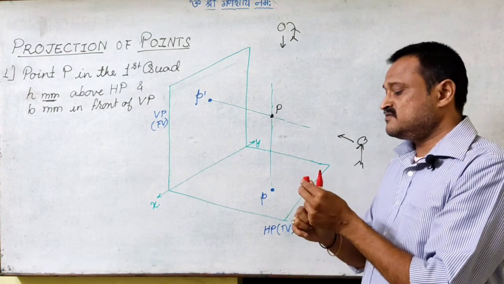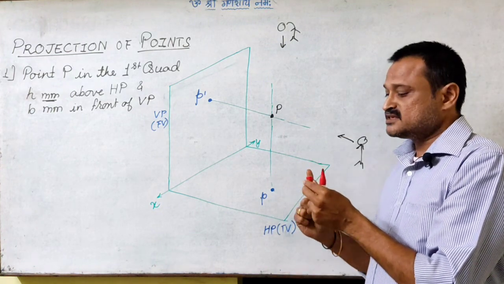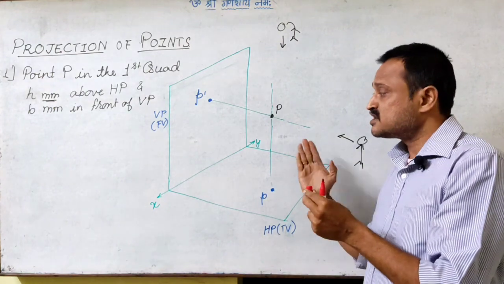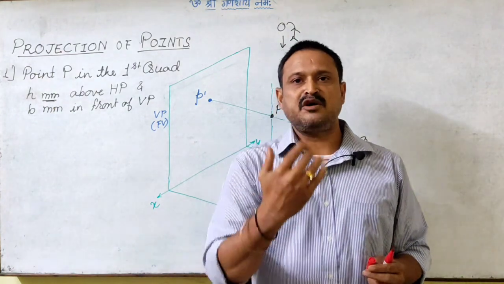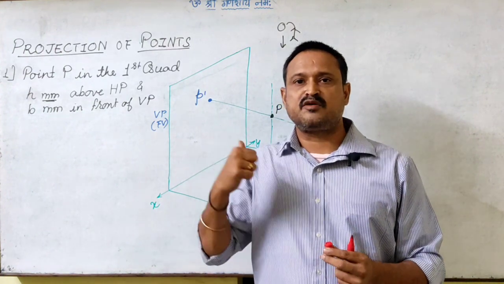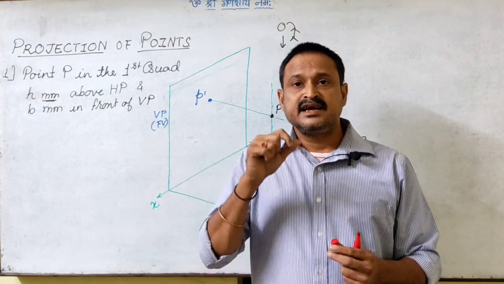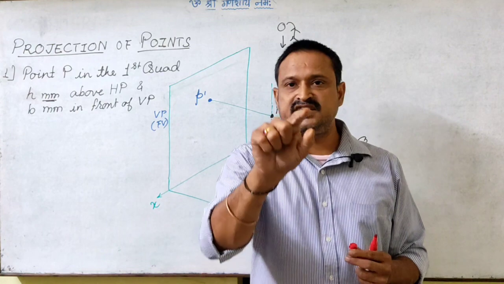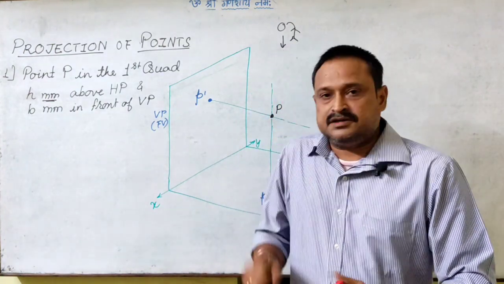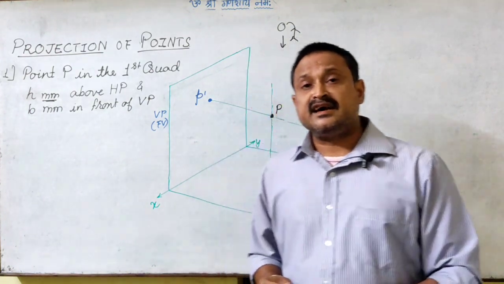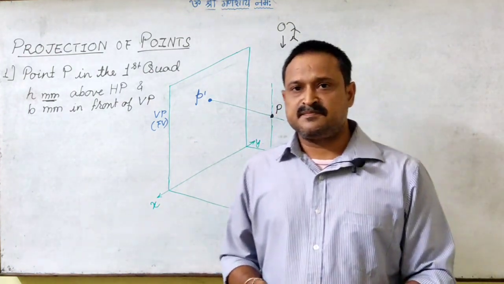We will not be able to make a judgment of its distance from the vertical plane. So if I am standing here, you cannot make out how far I am from the board, right? It is because we cannot see the dimension in the direction of the vision, right?